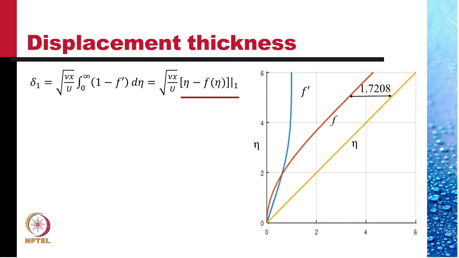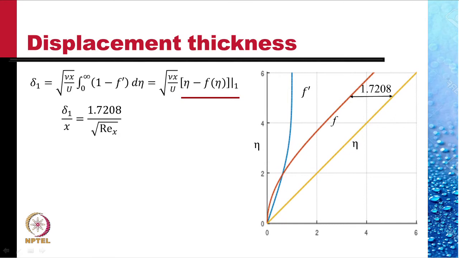So the value of this is 1.7208, and the displacement thickness is now given by this expression. Delta 1 by x is 1.7208 divided by square root of Reynolds number. Delta 1 varies like x raised to power 1/2.